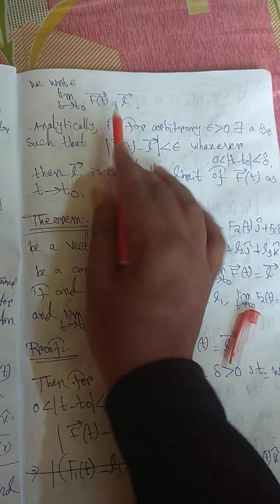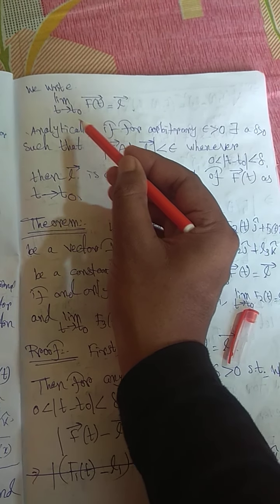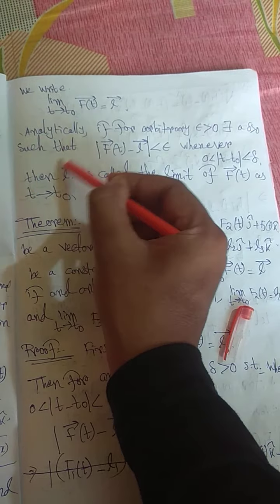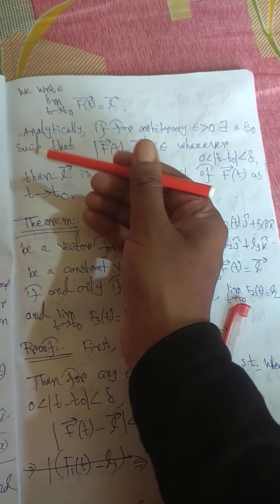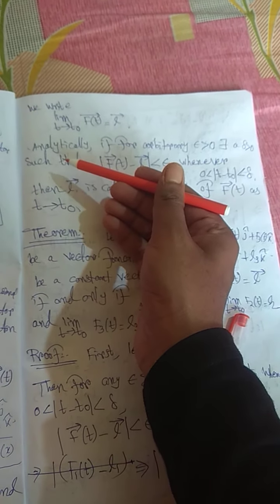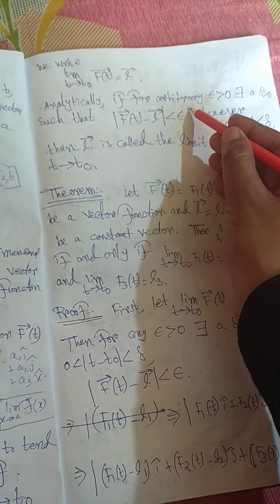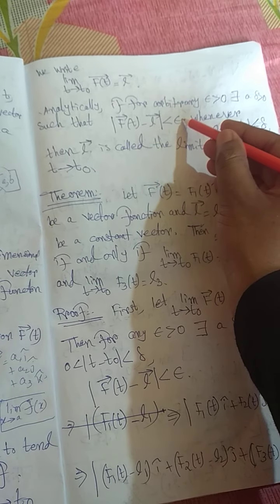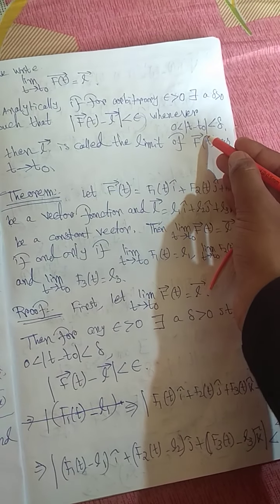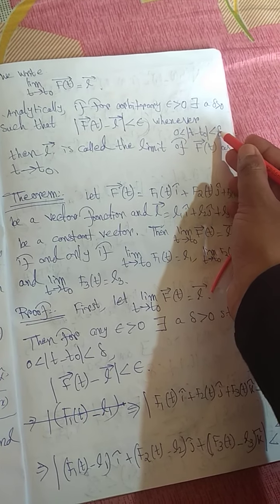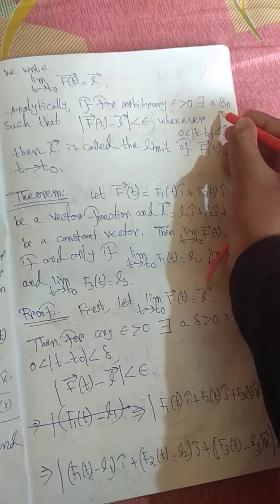This is the notation. And in the perspective of analysis, you all know real analysis, the basic part of real analysis. Analytically, we can say this modulus tends to 0 means their difference is less than an arbitrary small quantity epsilon whenever the difference between t and t0 is less than a quantity delta, and this delta depends on epsilon.